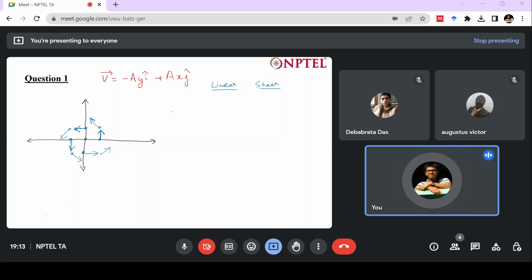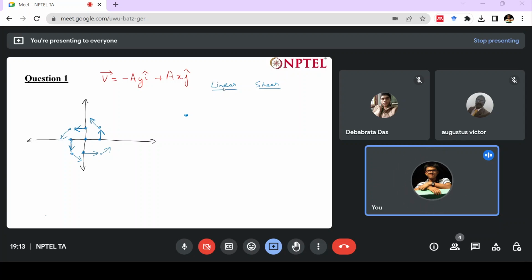So let's come to the linear deformation. All these deformations are kinematic things. When I say kinematic, what I mean is I don't need to know what forces are acting on them.